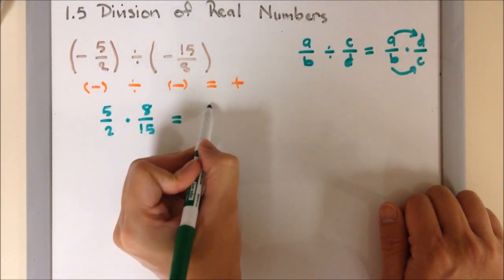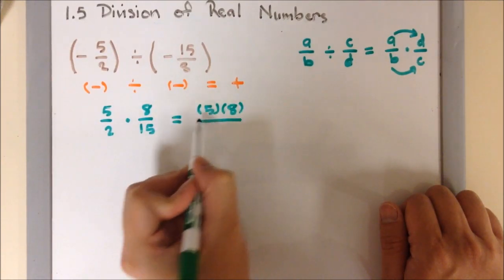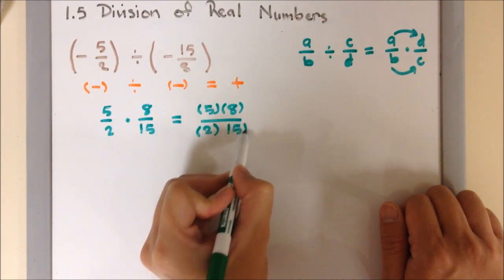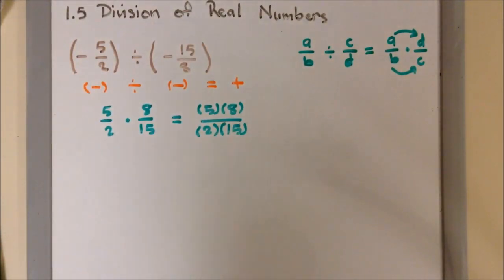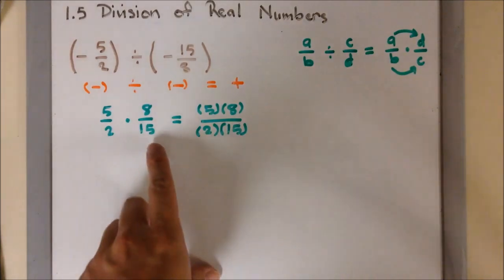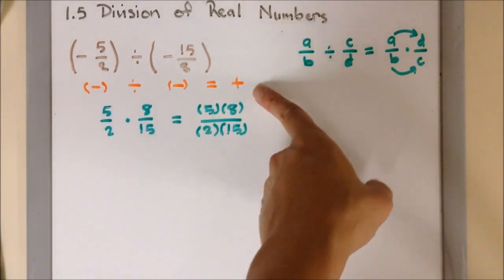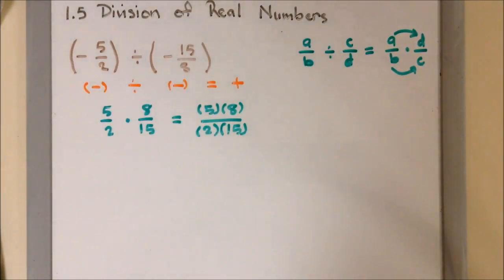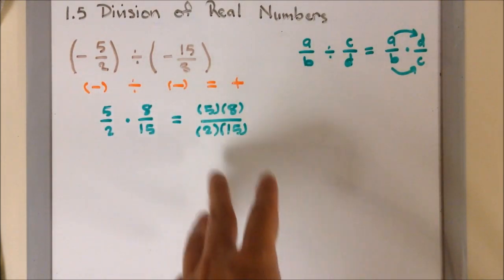So on the top it's going to be 5 times 8 over 2 times 15. Alright, so that's how you set up your work. Again, I only flipped the second fraction. I ignored the sign because I've worked it out and know that at the end it's going to be a positive answer. Now the reason I didn't multiply all the way is because I know I'm going to have big numbers.